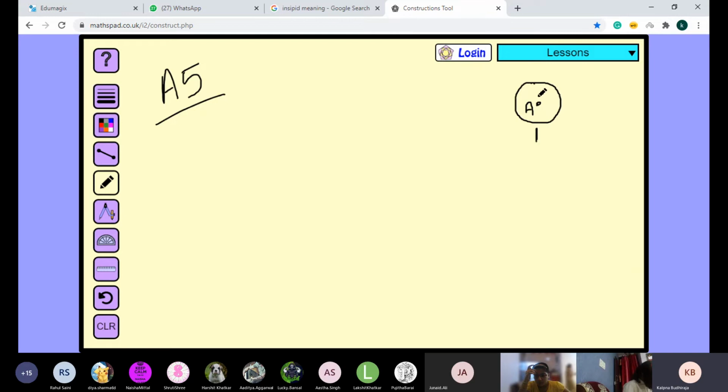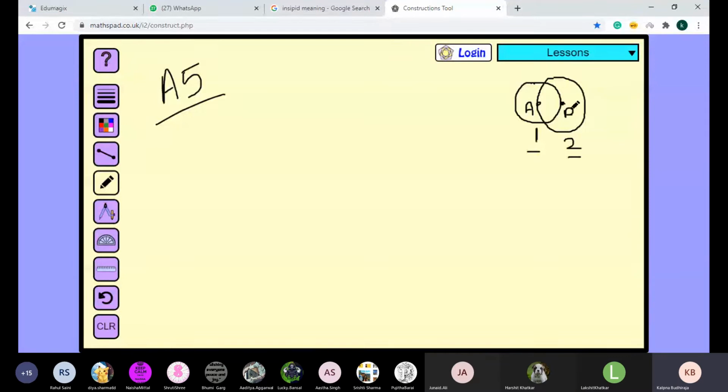This is circle 1 with center A. Now you have to draw another circle with the same radius. So circle 1 and circle 2 are of the same size, same radius, and here will be the center B. So you can see that the boundary of circle 2 passes through center A, and the boundary of circle 1 passes through center B. And the points of intersection are points C and D.